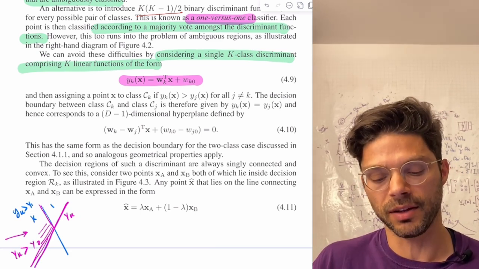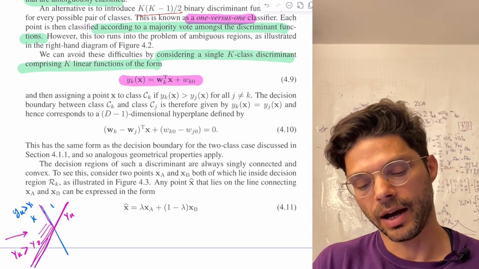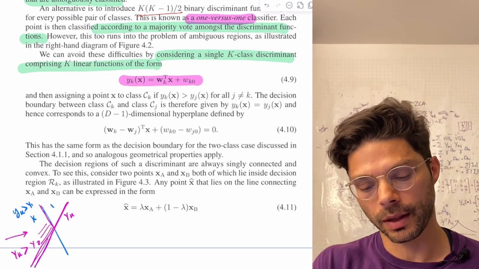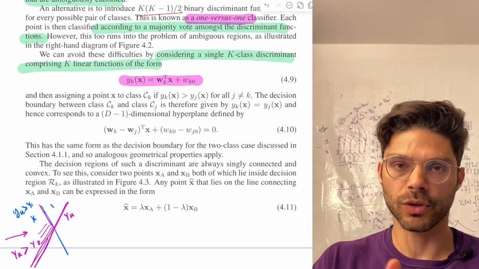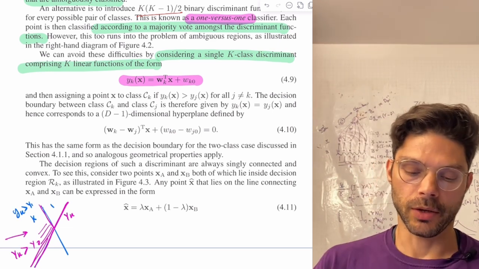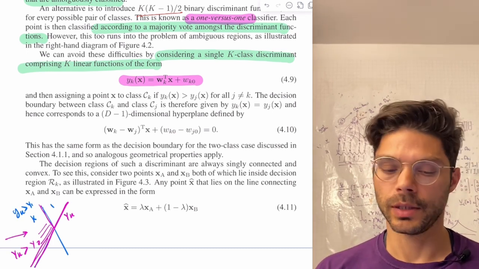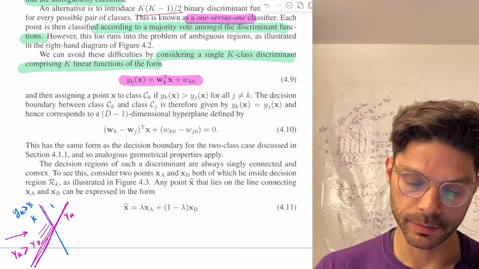That's the decision set, the set of points that are going to be classified as belonging to k. You get the point. It's the intersection of all of these half-spaces, half-volumes, whatever they are.